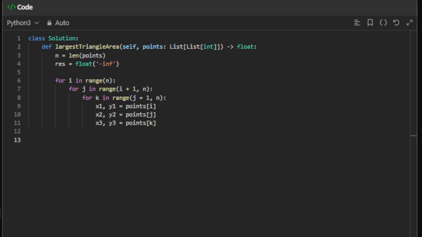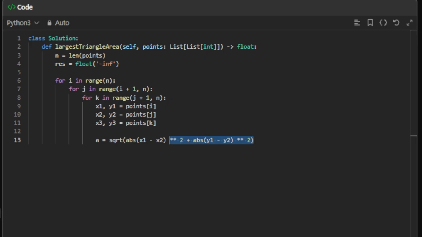Now we can get the sides for the current triangle A, B, and C, and this is the square root of the absolute difference of x1, x2 squared plus the absolute difference of y1, y2 squared.